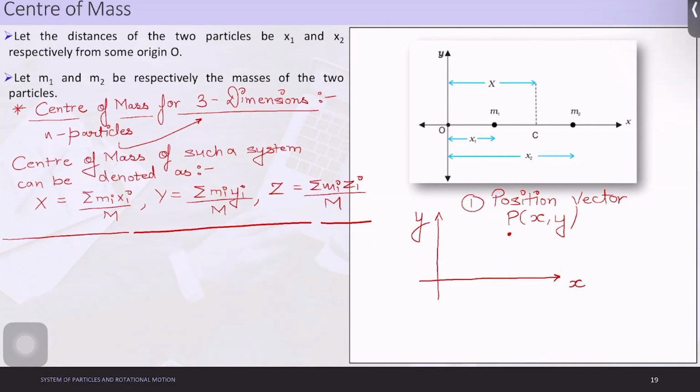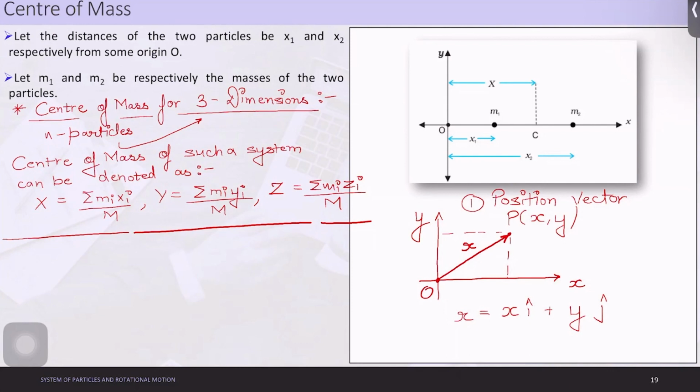Then the position vector is a vector drawn from the origin or the reference point to the particular particle, denoted by r. If I resolve the components of this vector r, what will I get? I will get r equal to some i cap plus some j cap. What is the coefficient of i cap here? It will be x. What will be the coefficient of j cap here? It will be y. Okay.